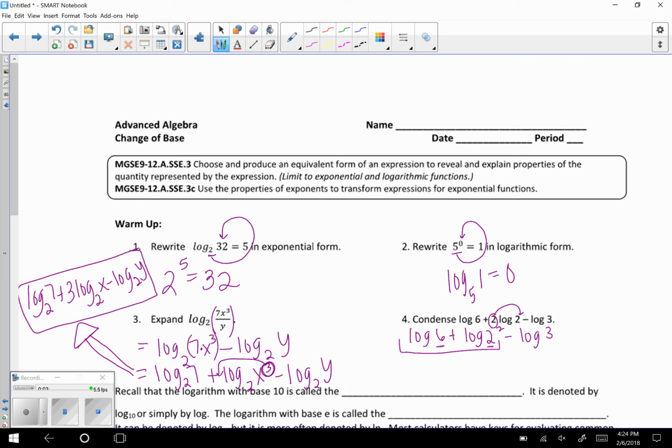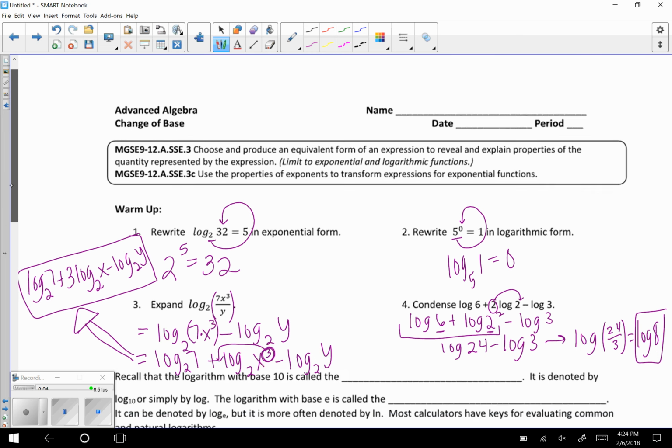Well, 2 squared is 4, so would you guys agree that this is really going to be like log of 6 times 4, which is 24, minus log 3? Well, then that would give me log of 24 over 3, which reduces to log 8. Okay, hopefully you guys got that.